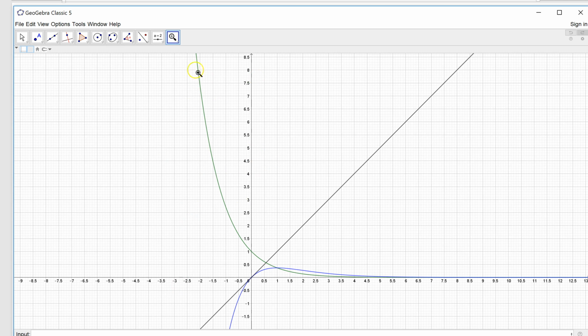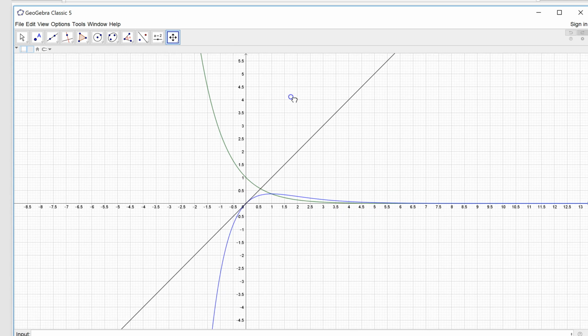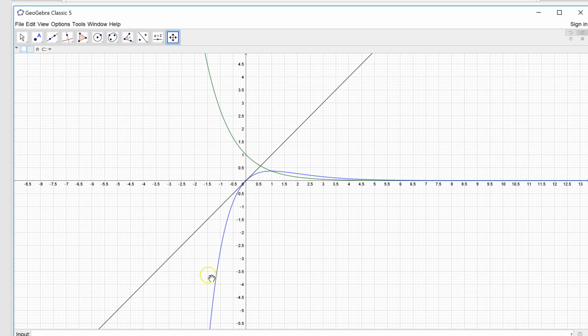And down the bottom we can see that we're heading off down here, in very similar fashion to the exponential, because this one starts to dominate over this one.